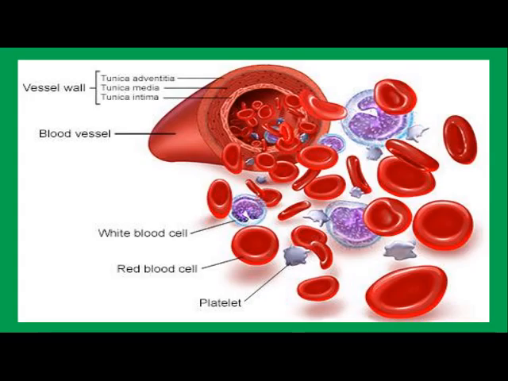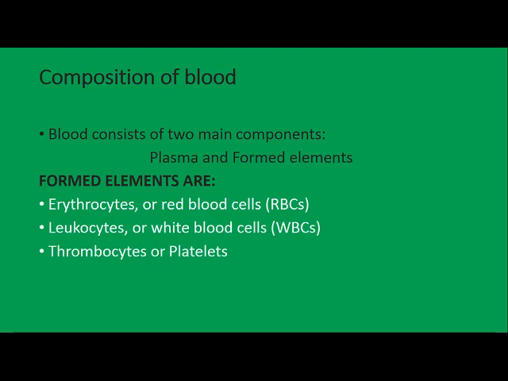Now, children, this is a picture of your blood, and the blood flows in the blood vessels. The blood that you see is red in color, but actually it is composed of many other components. These components are broadly classified into two, the blood plasma and the blood cells. You can see here the presence of different types of blood cells, that is the white blood cell, red blood cell, and the blood platelets.